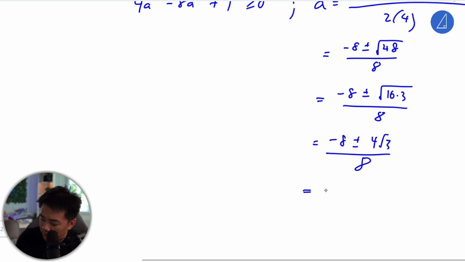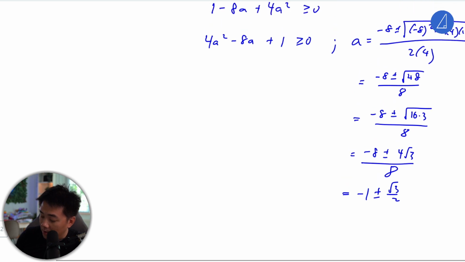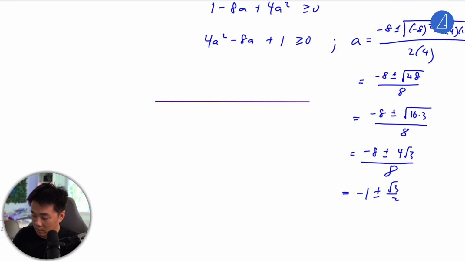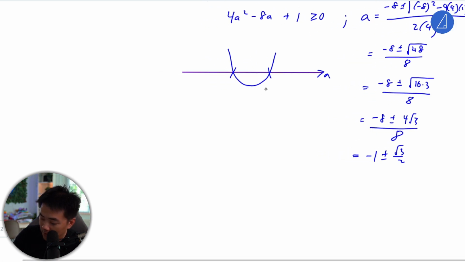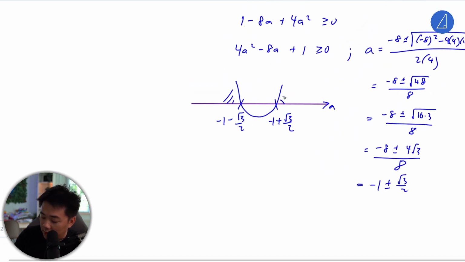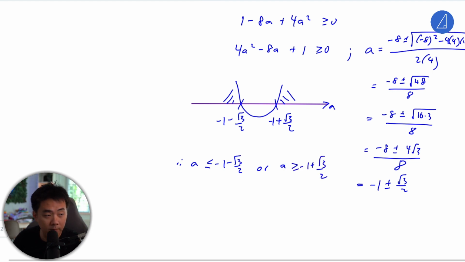Then you simplify: this is minus 1 plus minus root 3 over 2. Once you're done, when you solve this inequality, it looks something like that. Here is a. So this guy will be minus 1 plus root 3 over 2, and minus 1 minus root 3 over 2. You want it to be positive, so this is the region you want to take. Hence a will be at most minus 1 minus root 3 over 2, or a has to be more than minus 1 plus root 3 over 2.